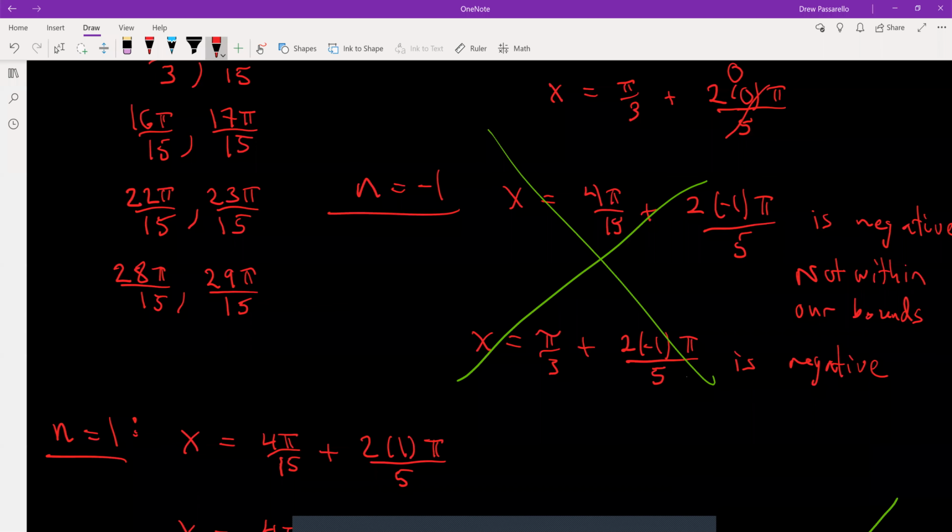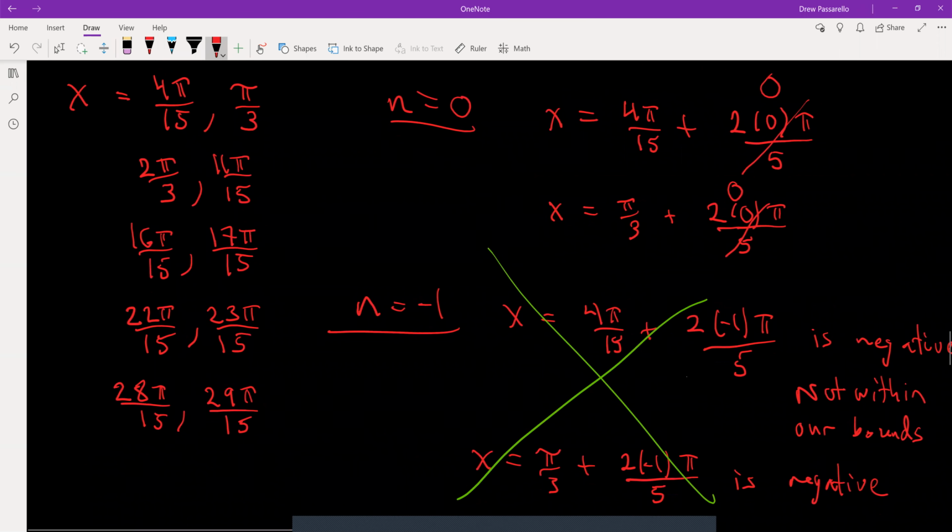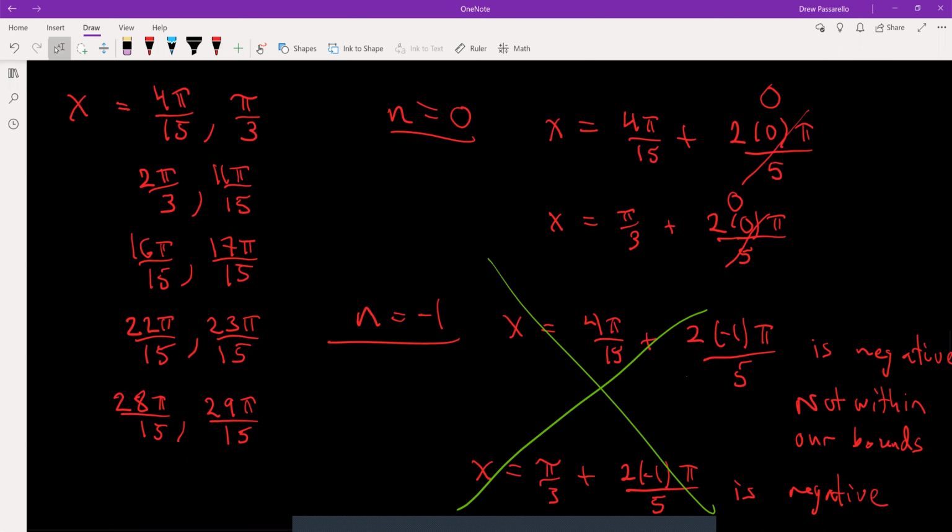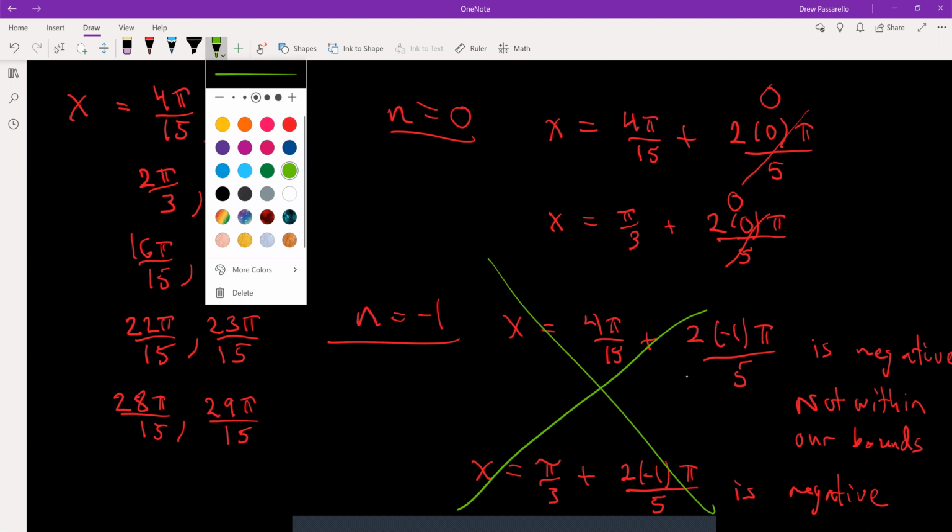All right, so I paused the video and worked out the next ones, and it turns out 28 pi over 15, 29 pi over 15, these are the last two. And so all of these are the solutions to the problem.